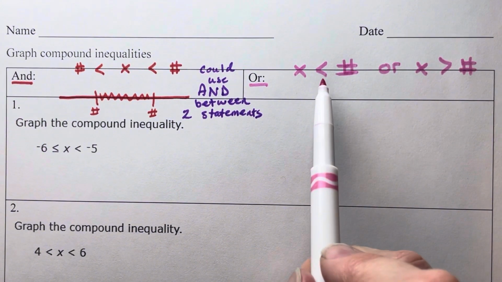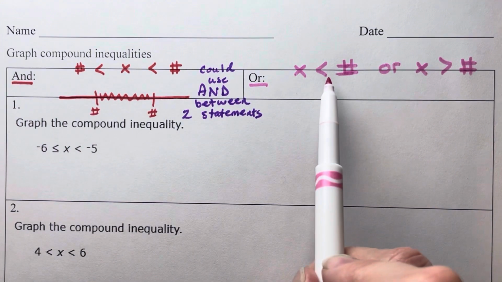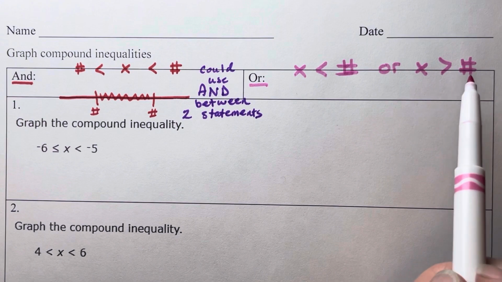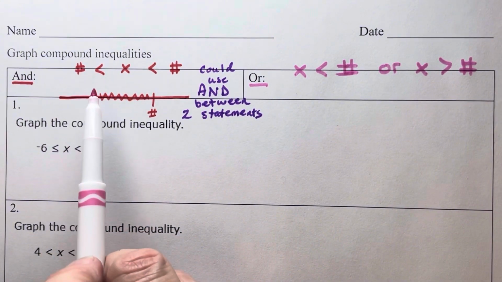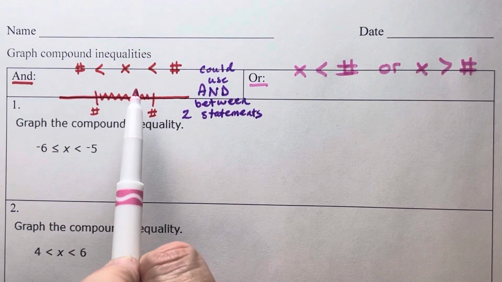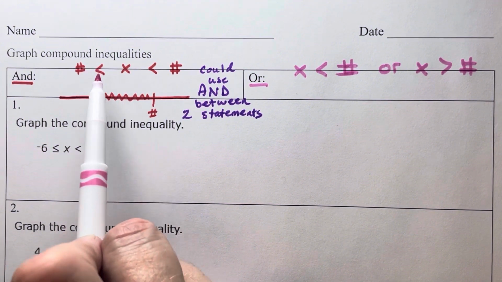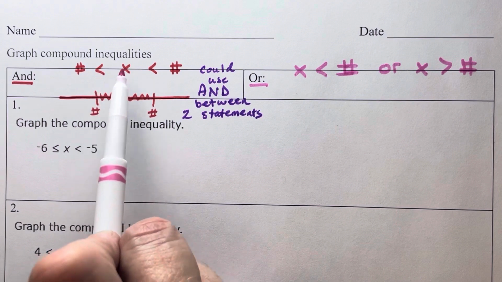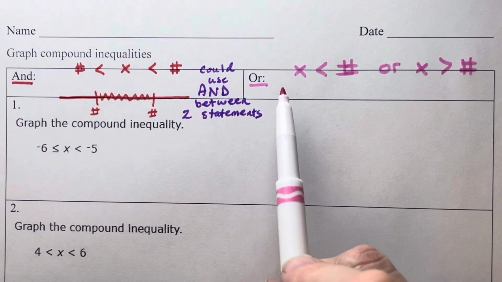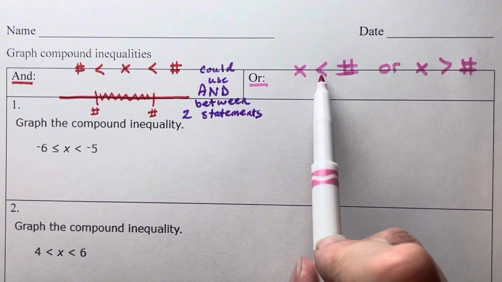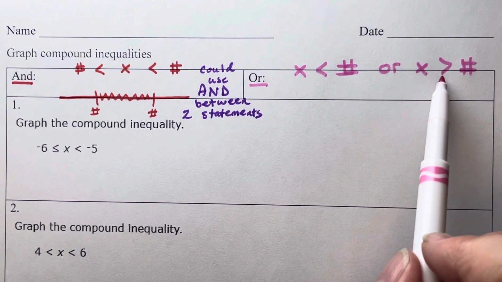So our inequalities are always going to be pointing in these directions. That is something to be noteworthy of, because you're going to have to build the inequalities in the next lesson. But know for now that when we're working with "and," both of your inequalities are less thans. When we're working with "or," one of your inequalities is a less than, while the other is a greater than.